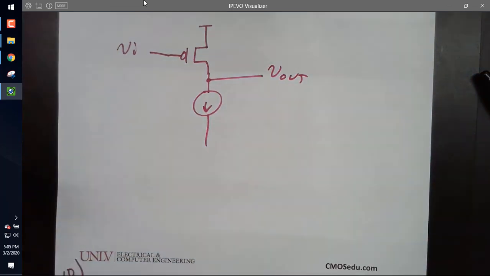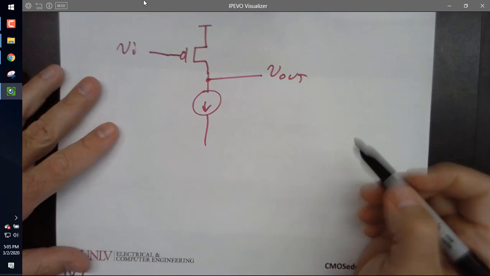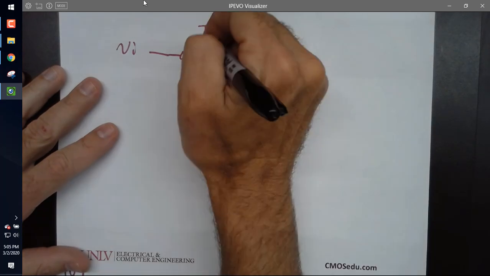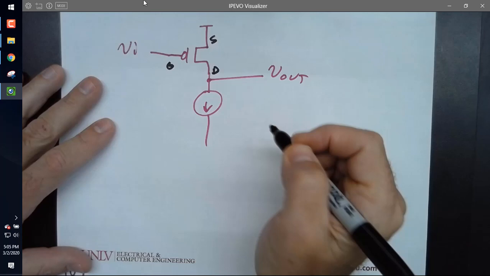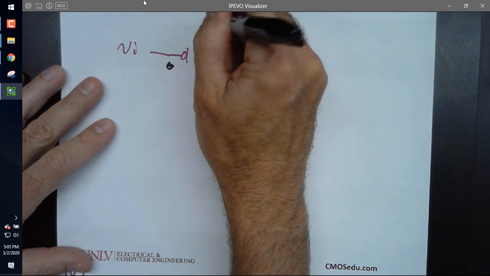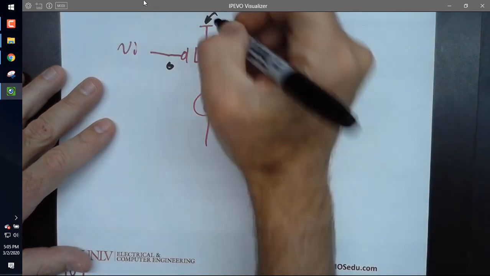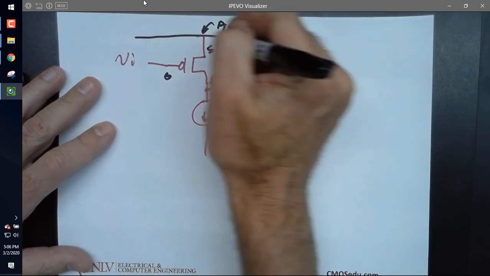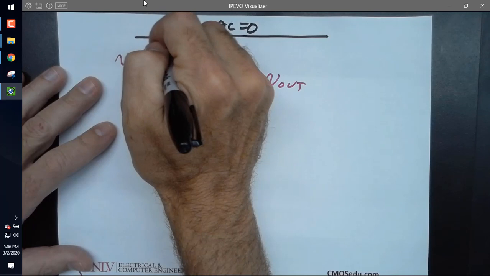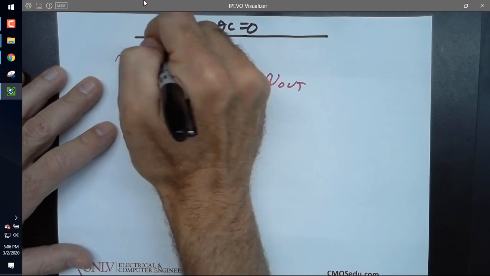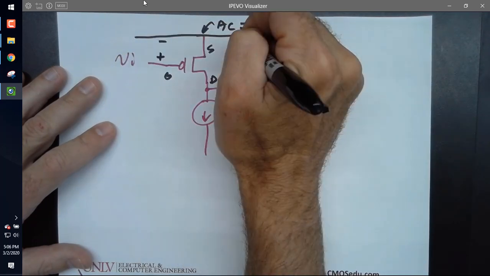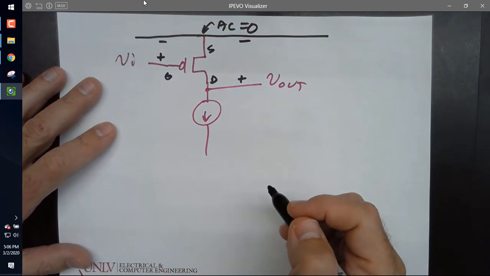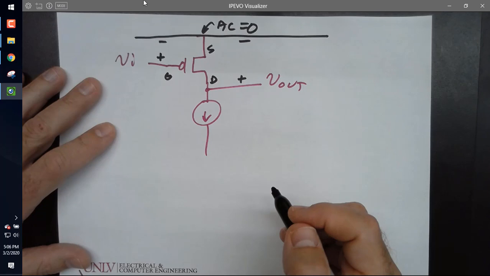For this one, how is it common source? This is the source, drain, gate. But what is this for AC? It's ground, right? And so if I draw the common source here, it would be plus, minus, plus, minus. Right. Common source means that's AC common source.